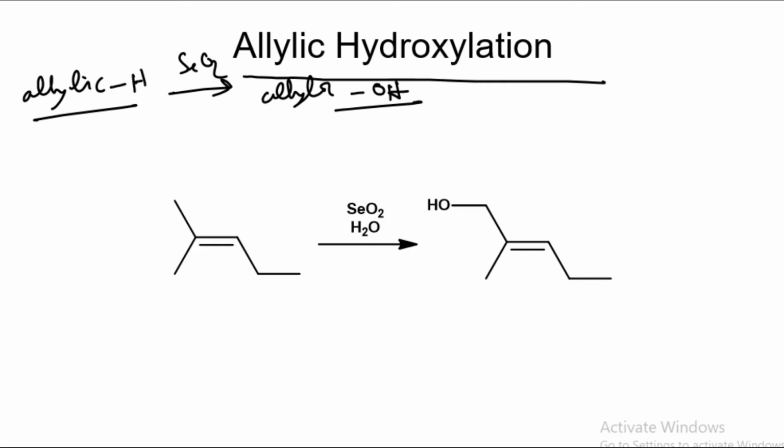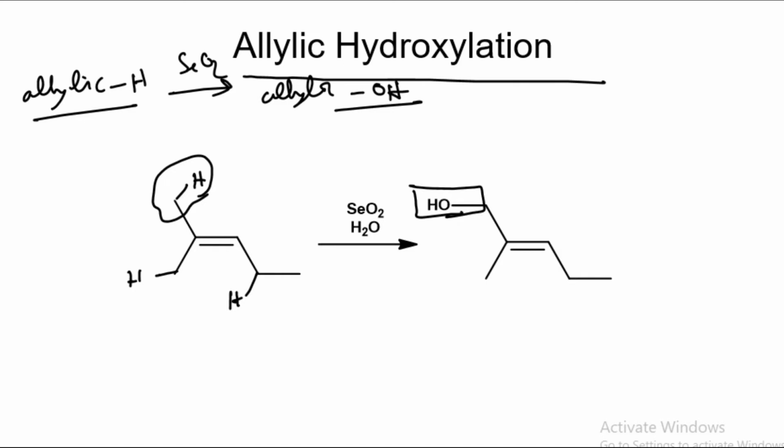So you can see that here is an alkene we have given, a substituted alkene. What happens? It has 3 types of allylic hydrogen. One is here, another type of alpha hydrogen is here, and this is another type. But only this alpha hydrogen is oxidized to give an allylic alcohol. So it is very selective in this case also.